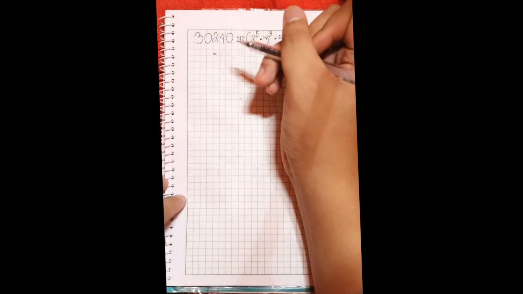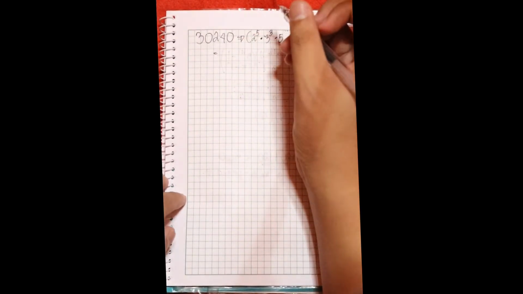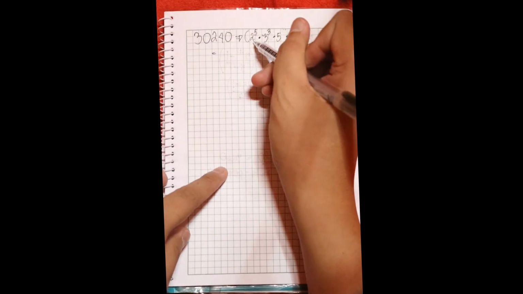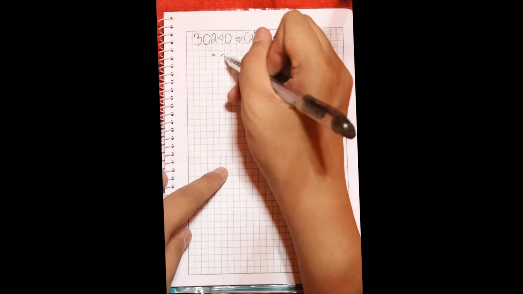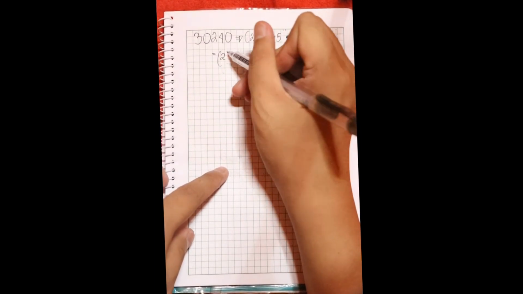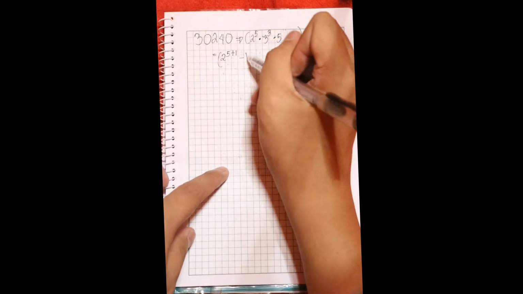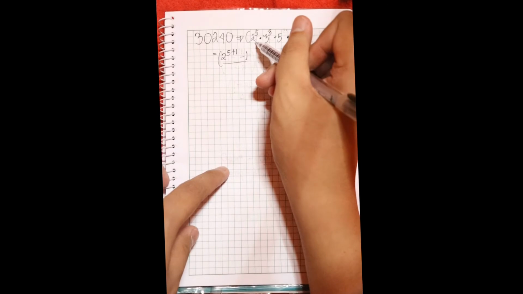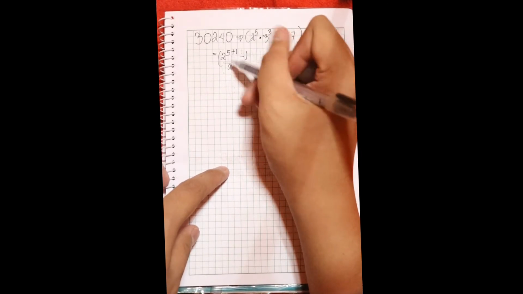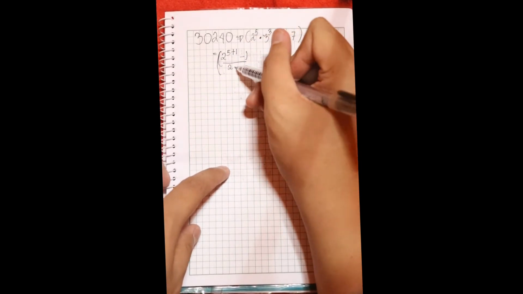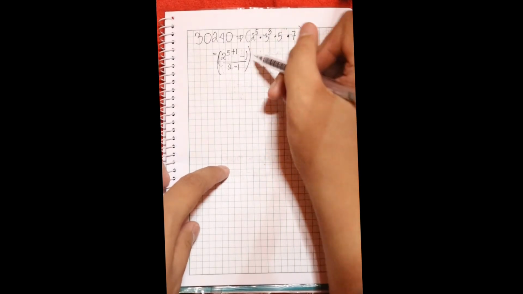So now, let's follow the formula. Copy the base and exponent. It's 2 raised to 5 plus 1 minus 1 all over copy the base, 2 minus 1.